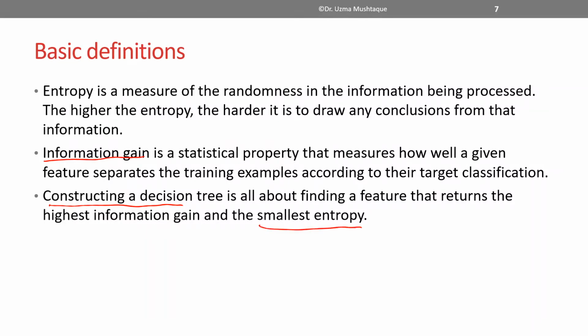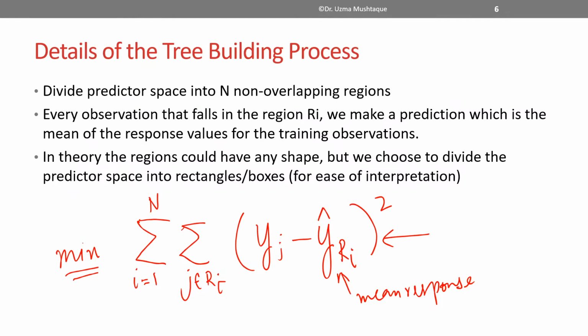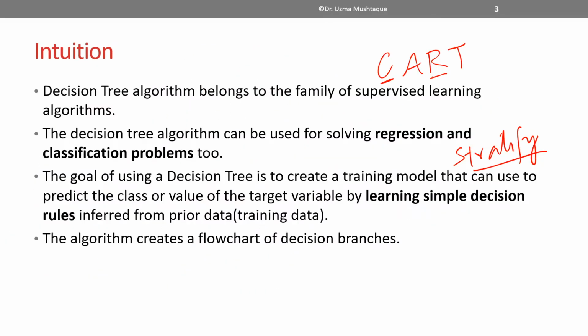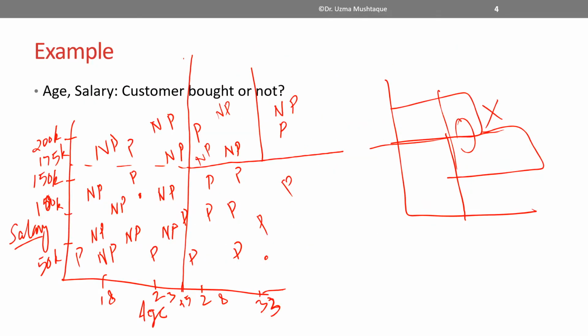Obviously, we want the least randomness in that region and the most information gain, which means I should have, let me go back, the max split here, this thing, right? I split this in such a way that I could segregate the no purchase and the purchase really well. So here I gained a lot in terms of the information that I'm getting from that split.